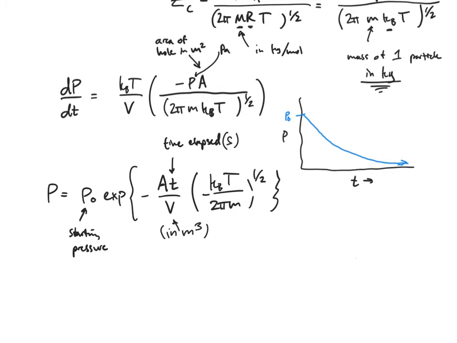And there it is. So if we had, say, a spacecraft that was punctured by an asteroid and we knew the size of the hole, we could figure out how much pressure is going to remain after 30 seconds in the spacecraft. Like, that's just one example for how this technique was used.